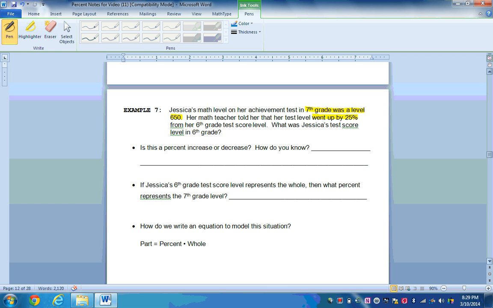So is this a percent of increase or decrease? Well, right here, this word up tells me that it is an increase. So we'll say percent increase because it says it went up.